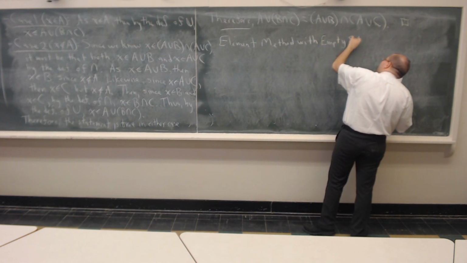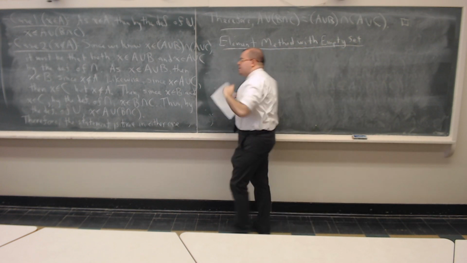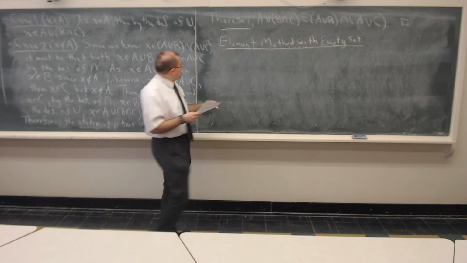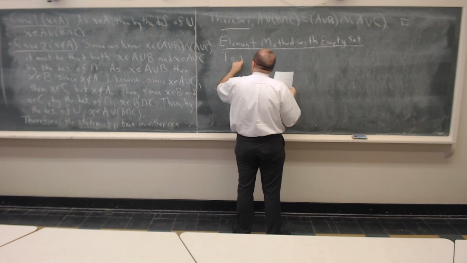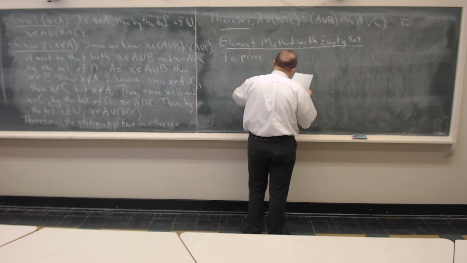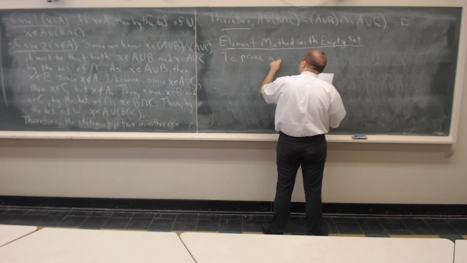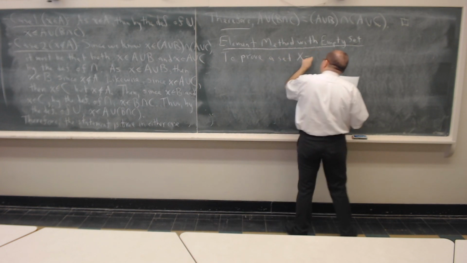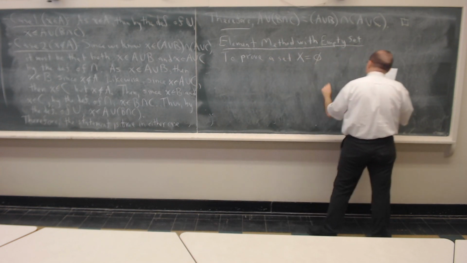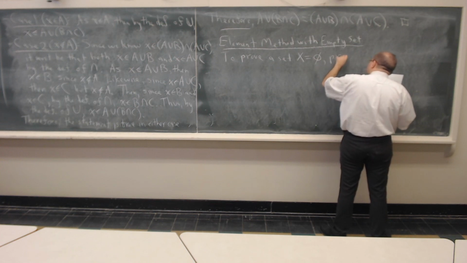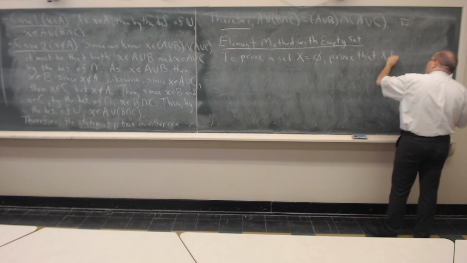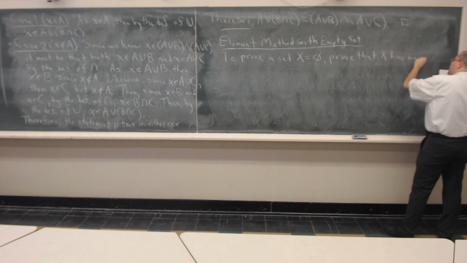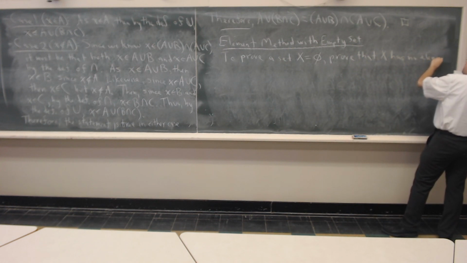So I'm going to give you the idea. So here's the idea. To prove a set X is equal to the empty set, prove that X has no elements.